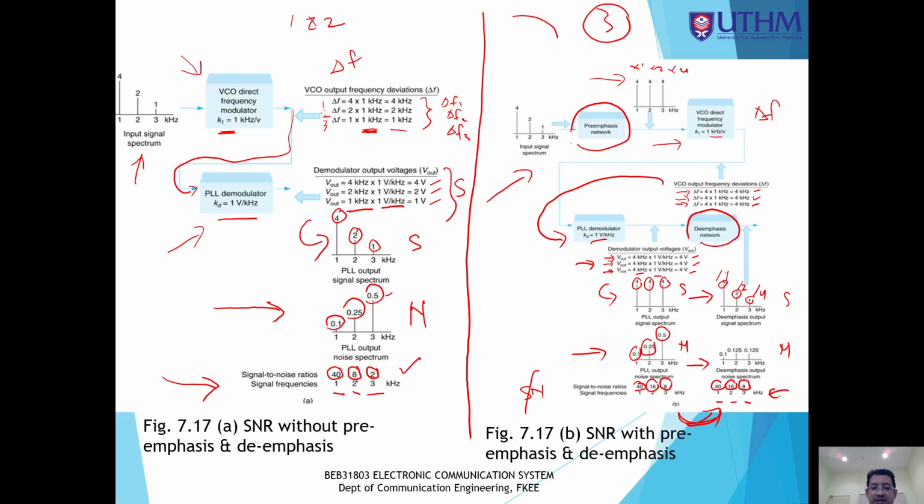Now we get the SNR to become 40, 16, and 8, which is much better compared to the SNR value without pre-emphasis and de-emphasis. So the key point is that pre-emphasis and de-emphasis will increase the SNR, because we want to achieve as high an SNR as possible.